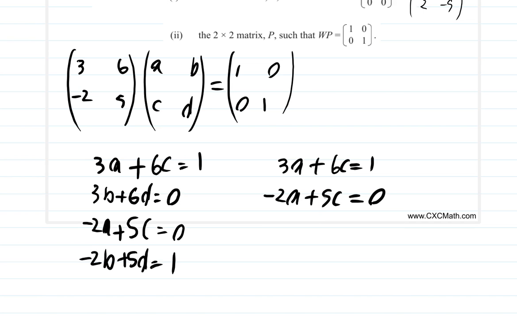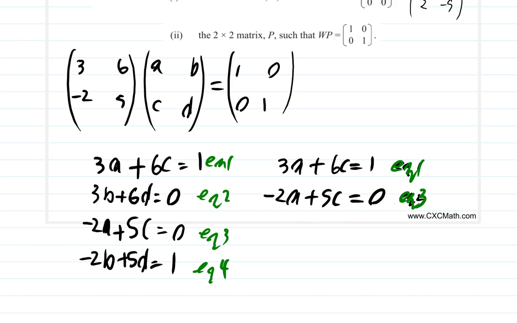If we eliminate C first, let's name these the equations. Equation 1, equation 2, equation 3, equation 4. This would be equation 1 and equation 3.